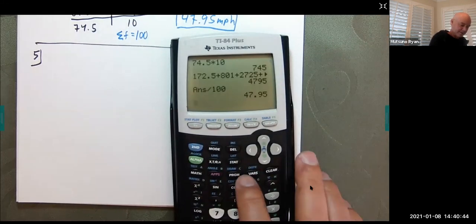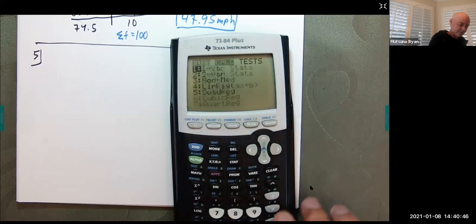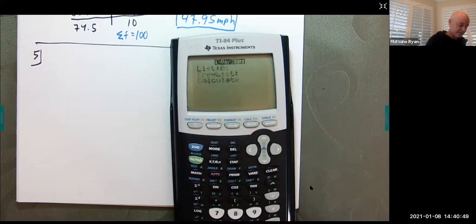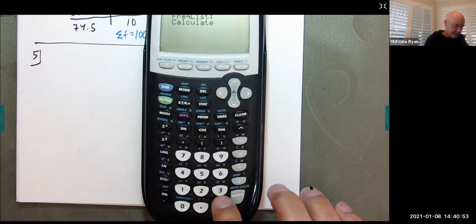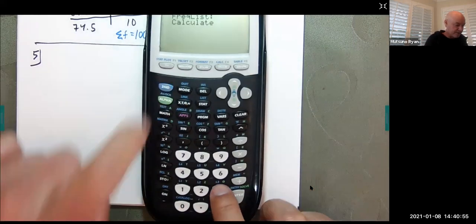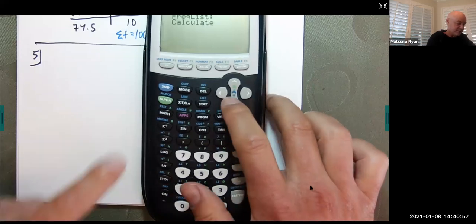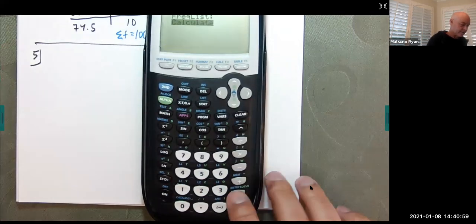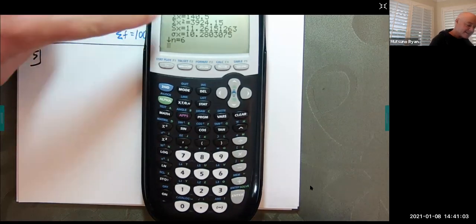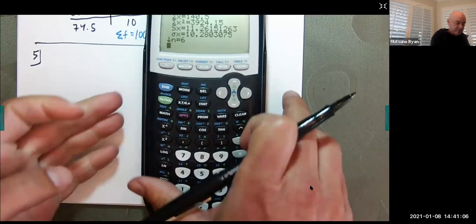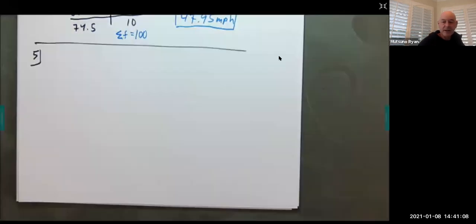So I'm going to go stat, calculate, one variable statistics again. And I'm going to change that to L3. Again, the way I do that is it's above the 3, L3. So second L3. You can see it changed to L3. Calculate. And my standard deviation for a sample is the Sx. How do they ask us to round this off? One more decimal place than the original data.